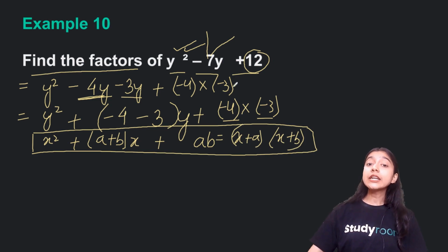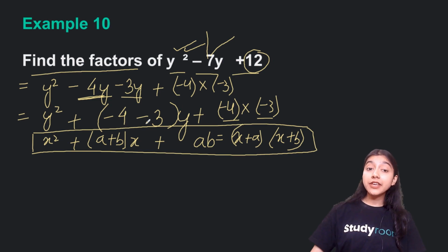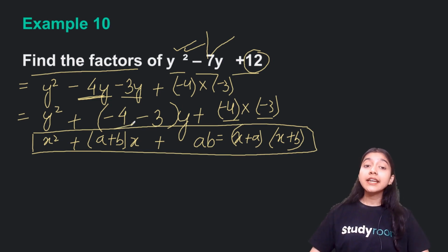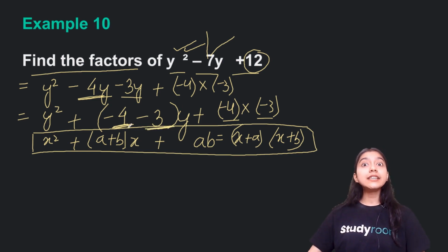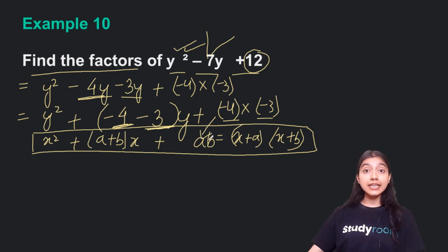Now, I have written 12 as minus 4 and minus 3 because when I have a plus b of y, then a over here is minus 4 and b over here is minus 3. I have to take these two numbers in the product form in order to make this identity. So I have taken minus 4 and minus 3 in the product form, which will give me this term of the identity, that is ab.